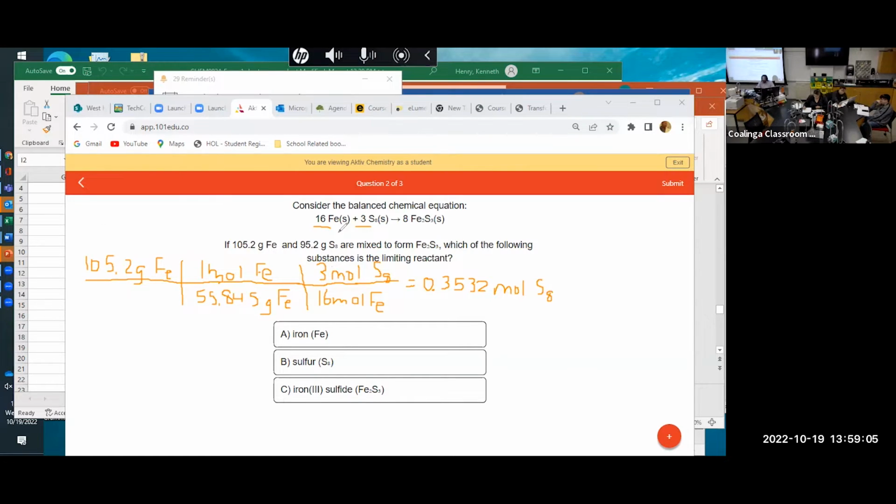So we also have our sulfur. We have 95.2 grams of our sulfur. So what is the molar mass of sulfur? 32.06 times 8.